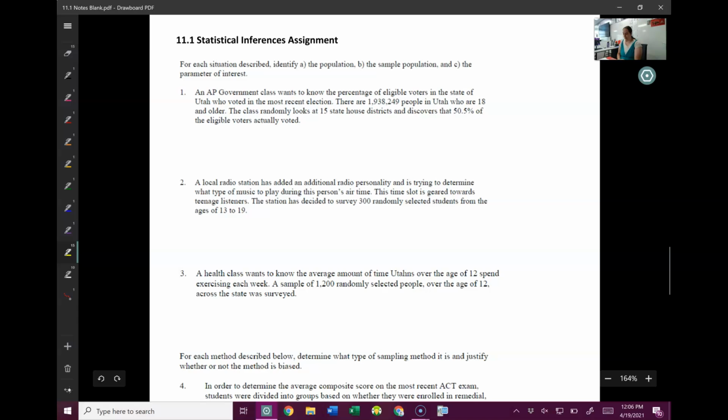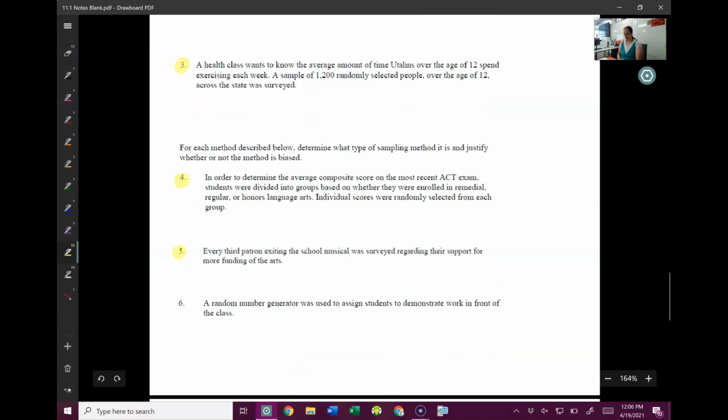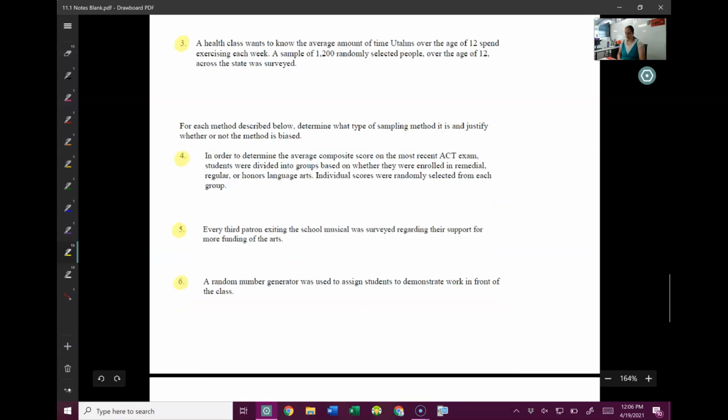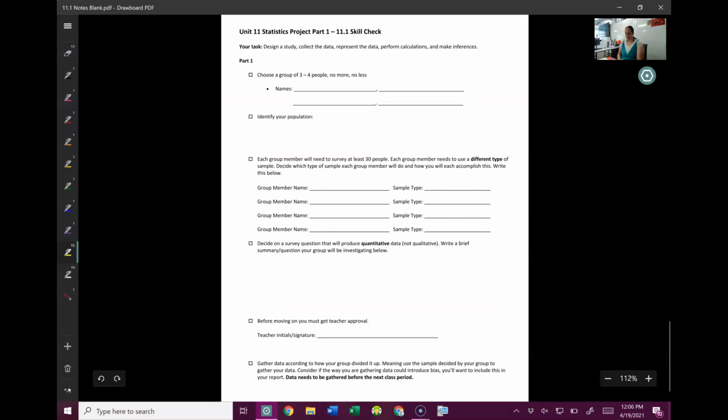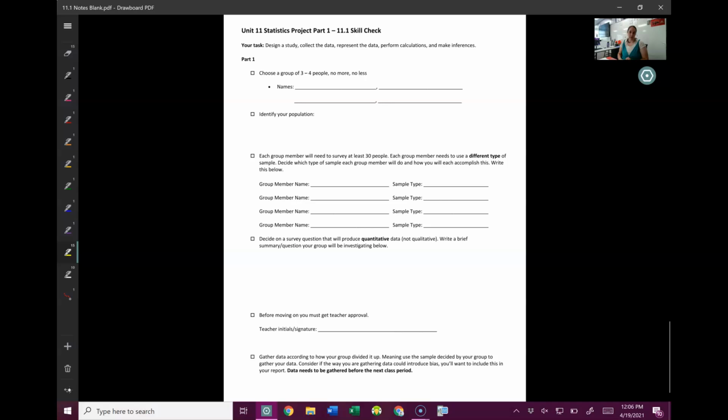For your assignment today, if you turn to the next page, you need to do 1 through 6. And for your skill check for your group project, this is what you've got. You should be in groups. You need to start by identifying your population. Each group member needs to pick a type of sampling.